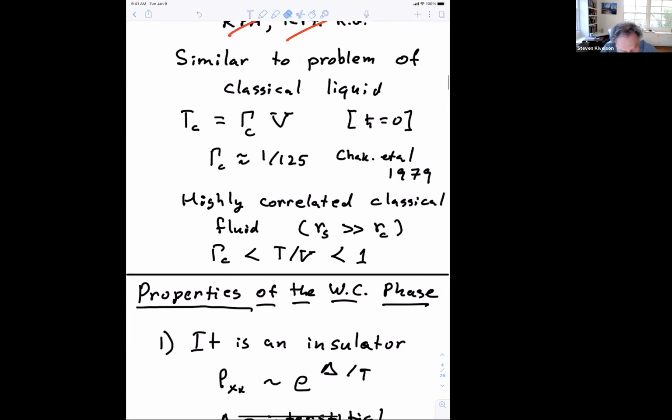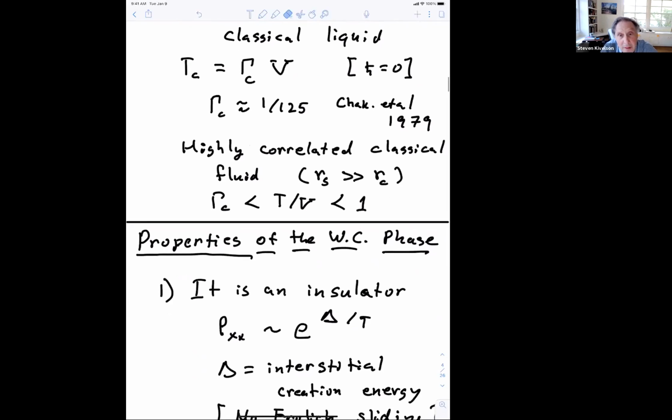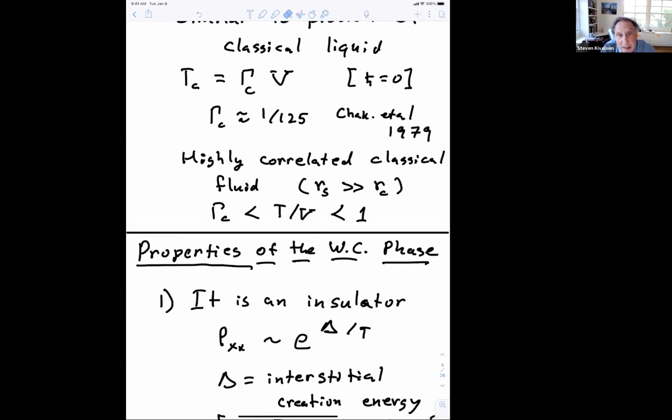And so there's a regime of highly correlated classical fluids when the temperature is small compared to V, so that the system is in no sense a gas, but still larger than T_c, in which we have a highly correlated classical Coulomb fluid.